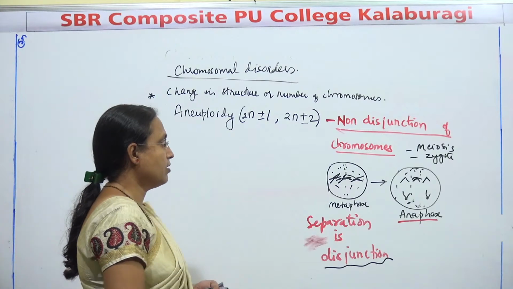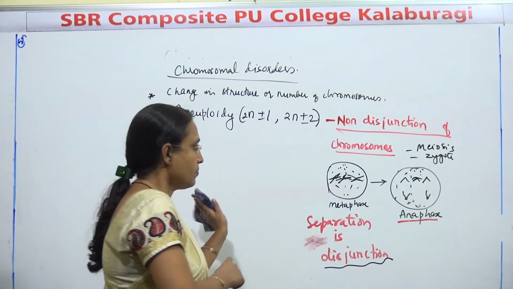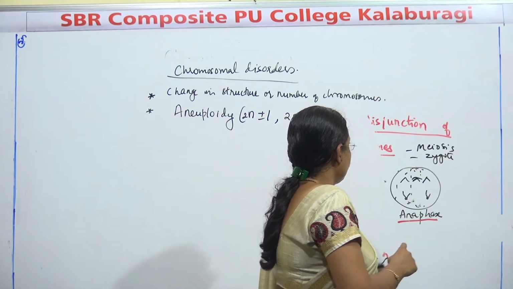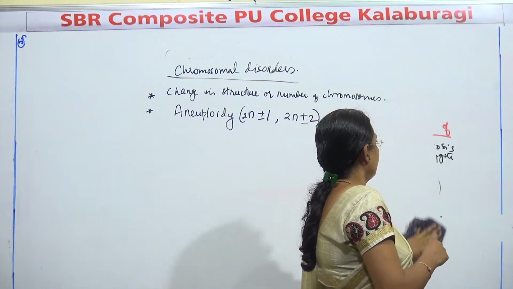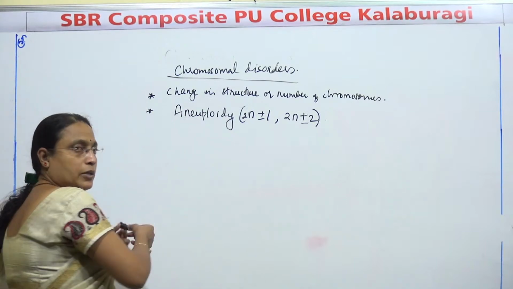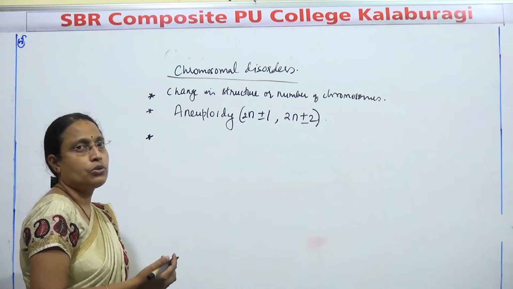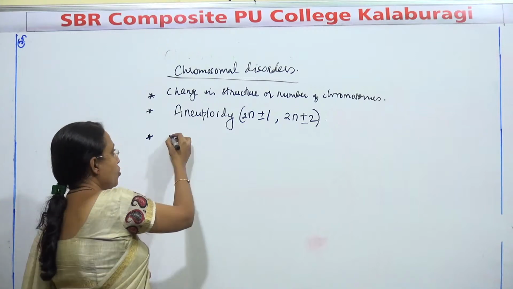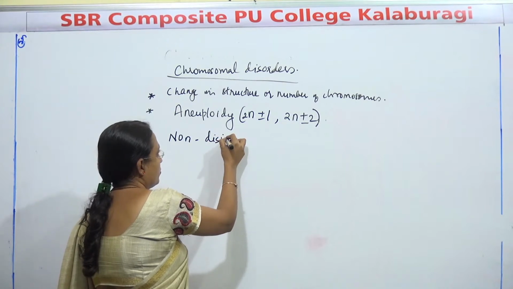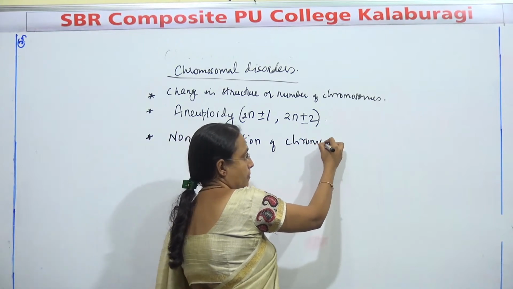So this is about non-disjunction of chromosomes. You can add this: most chromosomal disorders occur due to non-disjunction of chromosomes, that means during separation.